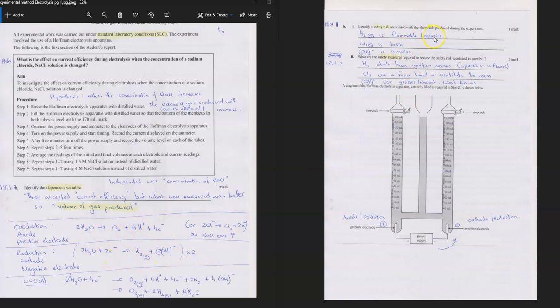Hydrogen is flammable and explosive, and this pops up in heaps of exams, so it's good to remember. Flammable meaning that it will react spontaneously with oxygen, and because it's making energy, heat, if it combusts with oxygen, and they're gases that are being produced with a lot of energy, is what causes explosions.